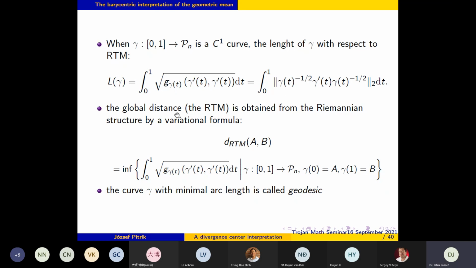And the global distance in the Riemannian trace metric, or geodesic distance between two points A and B with respect to this Riemannian trace metric, is defined in this obvious way. And the curve gamma with minimal arc length is called a geodesic. Here I can mention that this formula is independent of the choice of the parameter t of gamma. It's not hard to see.